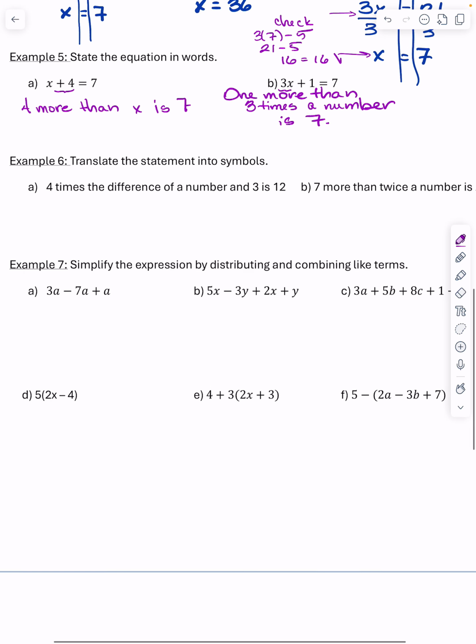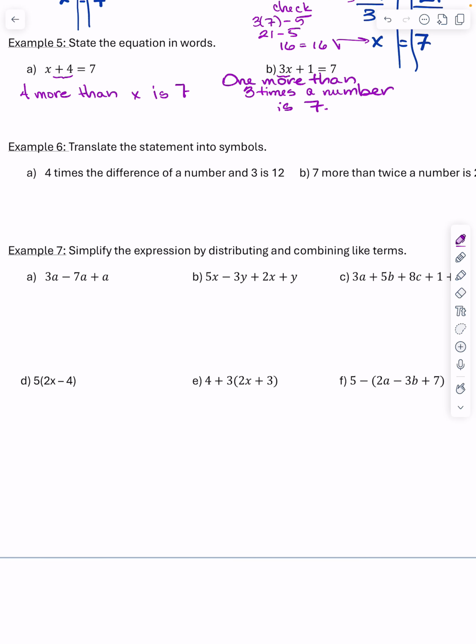We can also go back the other direction. 4 times the difference of a number and 3. So I'm starting with this one. The difference of a number and 3. Difference means I'm subtracting. I want 4 times that. So I'm going to subtract first and then multiply by 4.